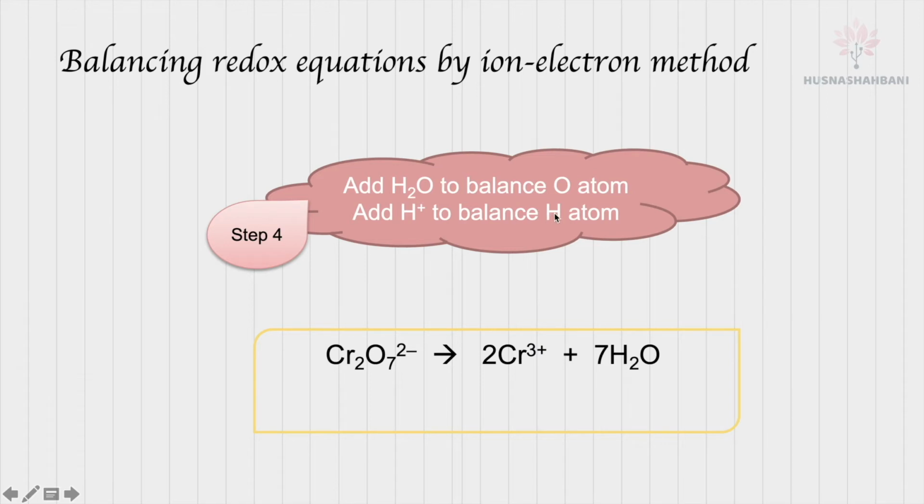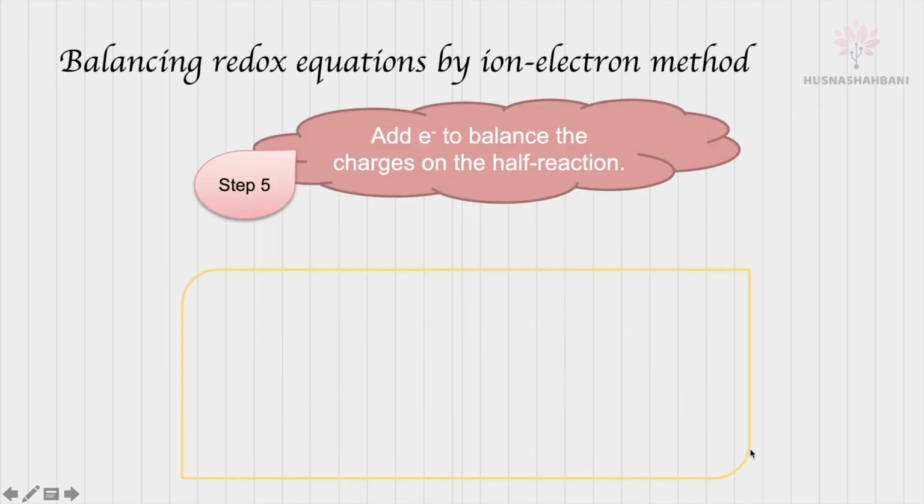So to balance hydrogen atoms, you have to add H plus on the left, not H2, H plus. So 14H plus plus Cr2O7 2 minus becomes 2Cr3 plus plus 7H2O. Now all the atoms are balanced.